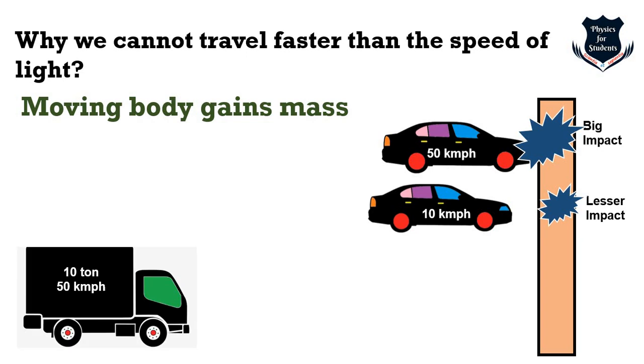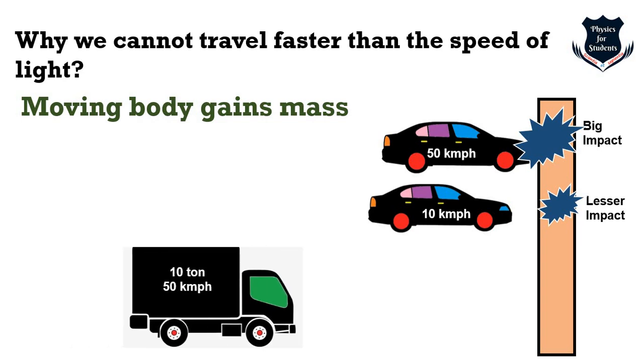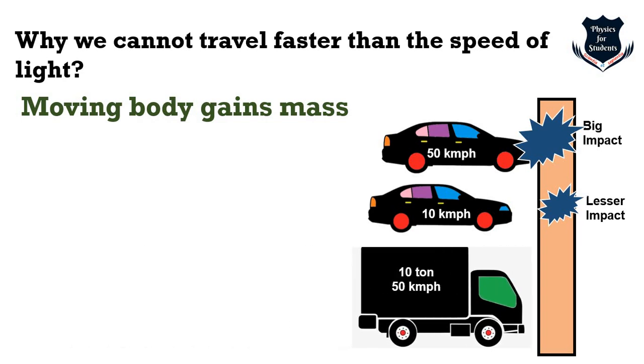In the third example, we take a truck weighing around 10 tons of material. It moves at the same 50 kilometers per hour in this direction and it hits the same wall. It creates the highest impact of those three cases.